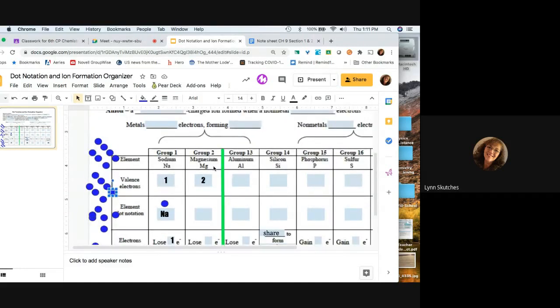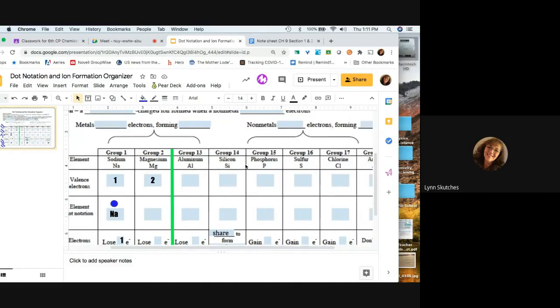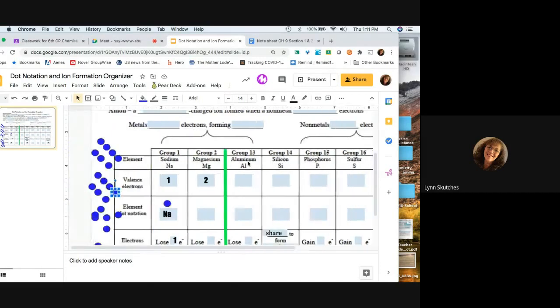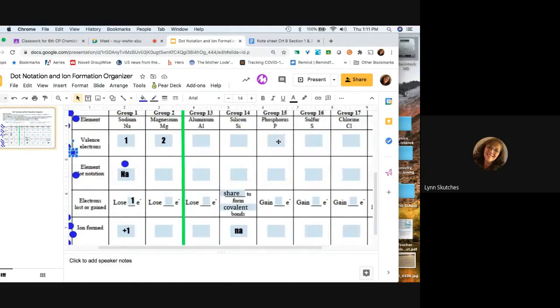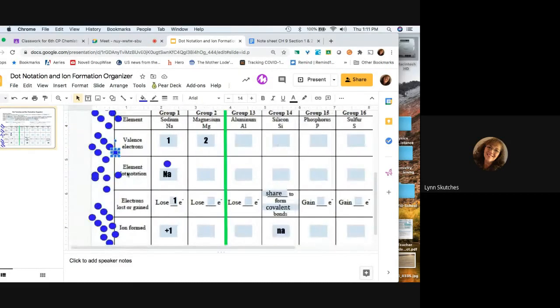So group 1, group 2, group 13, remember the transition metals are in the middle, then 14, 15, 16, 17, 18. Group 2 has 2 valence electrons. Group 13 or 3A has 3. Group 14 or 4A has 4. Everybody can count to 8, right? You're going to take the symbol for the element at the top, put it in the box, and then move the dots.